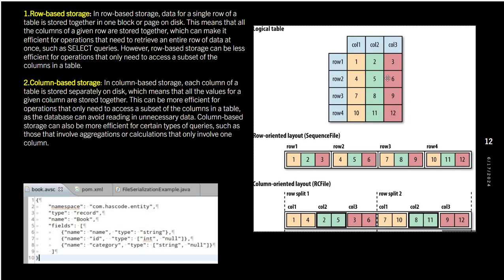We should be using an Avro schema to make the data ready for schema evolution. At the same time, the writing is much faster. It won't have to depend on each and every column. It will write, then group it, and then store it on the disk.